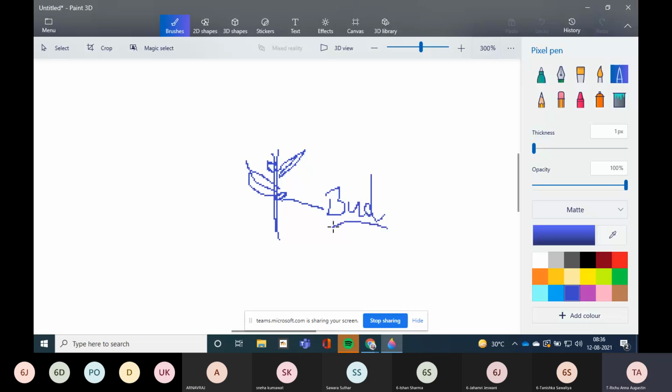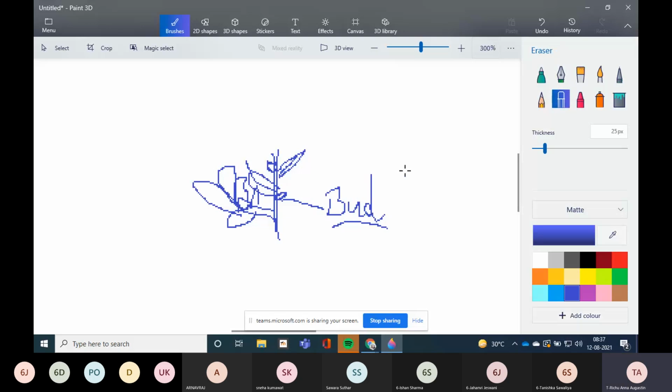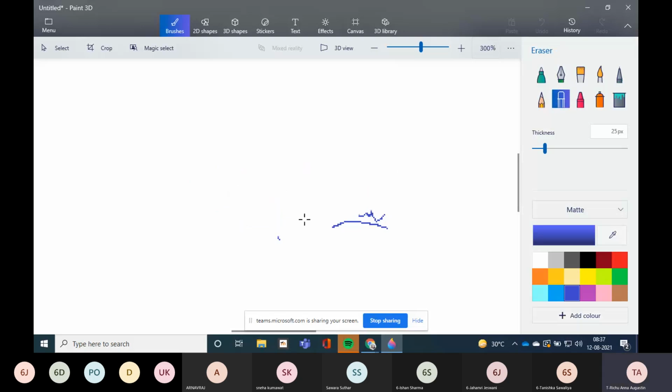The flower's initial condition is known as bud condition, so it develops from a floral bud. Like this branch is there, and over that branch a bud will be there, and sepals will be there. Then this bud will grow and grow and grow and will form a big flower. So if you are asked from where does a flower grow, what is your answer? From a floral bud. A flower grows from a floral bud.